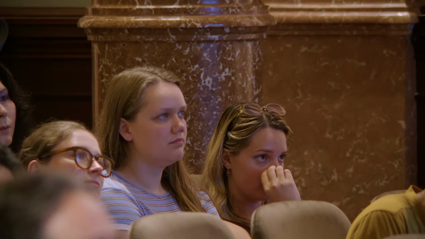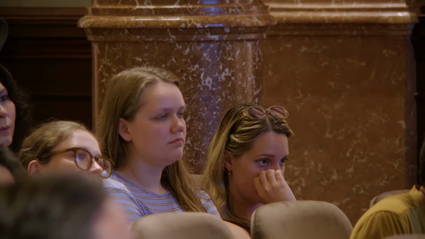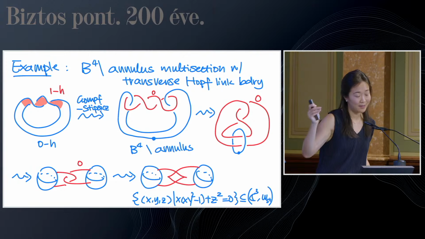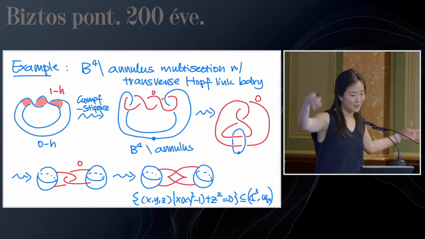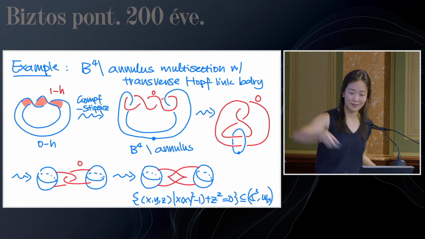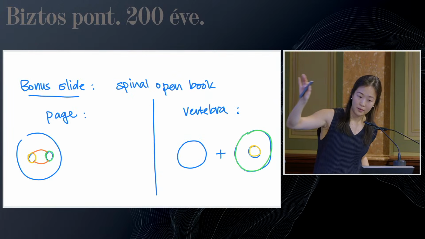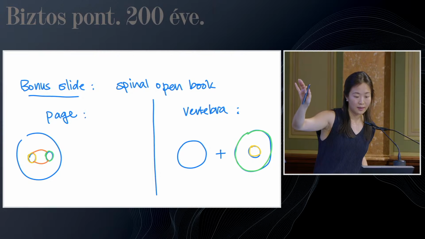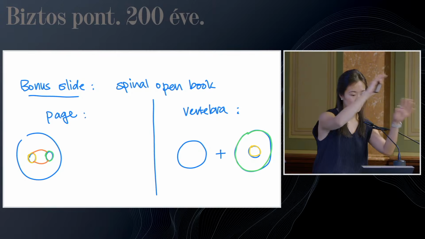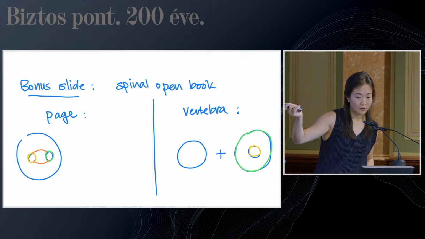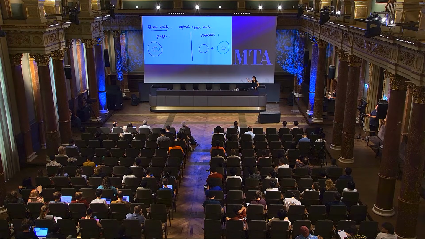Okay, and there's a bonus slide. I was hoping the notion of spinal open book would be this. Oh, I guess Gordana mentioned it briefly. So if you want to study the spinal open book on the contact boundary of this Weinstein domain, like in the last picture, this has a natural spinal open book, where the pages are pair of pants with two boundary interchanges, denoted by the orange lines, and the vertebra is a union of a disk, which is the usual binding, and an annulus.